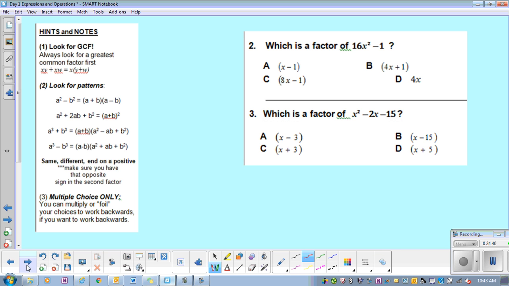Number 2, which is a factor of 16x squared minus 1? Isn't that one a difference of squares again? Yeah. Number 2 says which is a factor, so they only want one of the factors. Since it's a difference of squares, double parentheses, opposite signs. What's the square root of 16x squared?